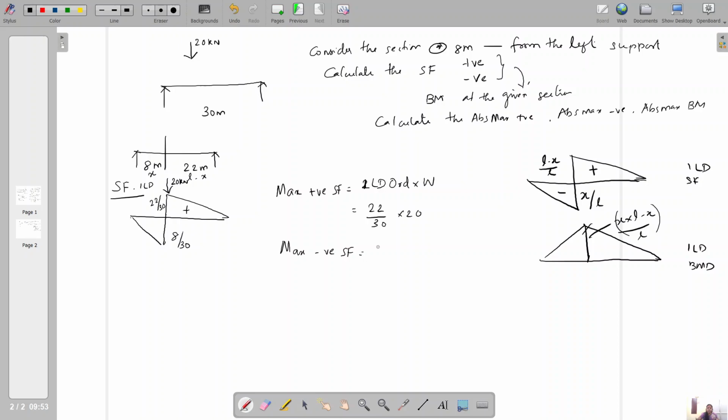The same formula, ILD ordinate into W. The negative diagram is this, so 8 by 30 into 20. So this is the calculation for maximum positive shear force and negative shear force. Using the calculator, it is 14.67 kilonewton. Next one, 8 by 30 into 20.